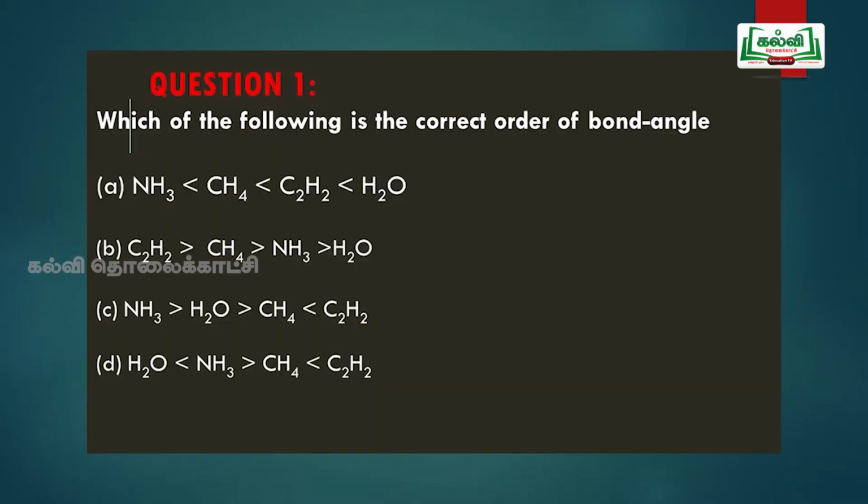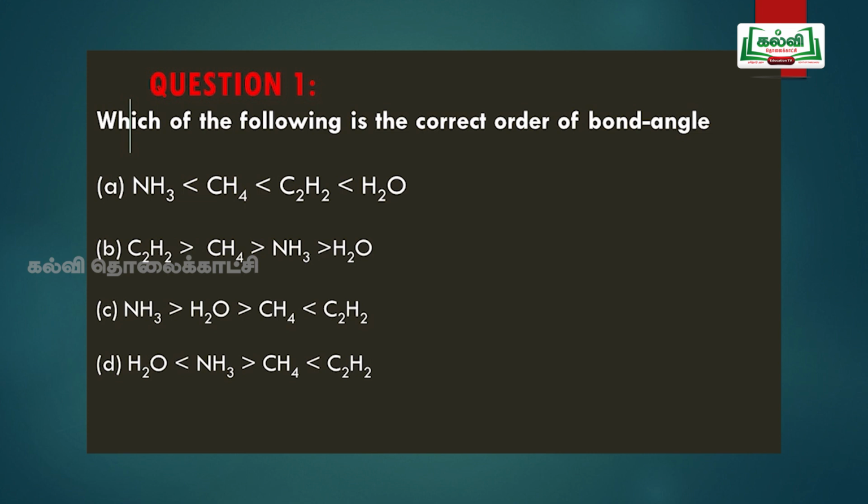Let us see some examples based on this bond angle. Some questions based on bond angle. Question number 1, which of the following is the correct order of bond angle? You are given 4 molecules: acetylene, ethane, methane, ammonia, and water.